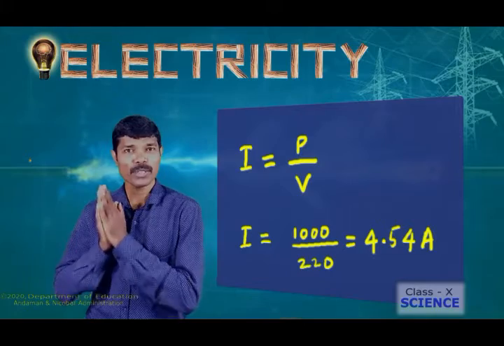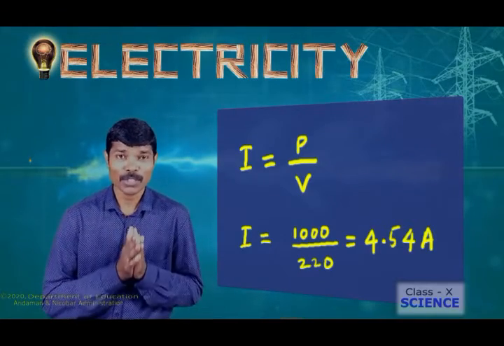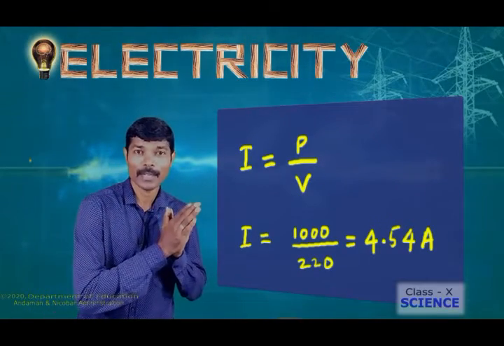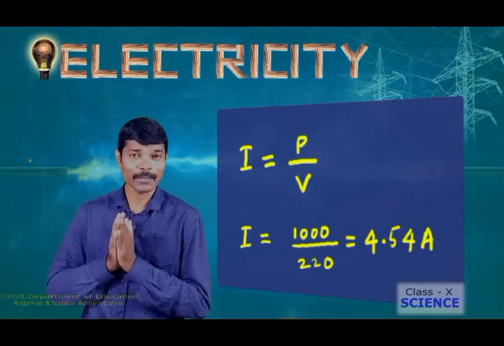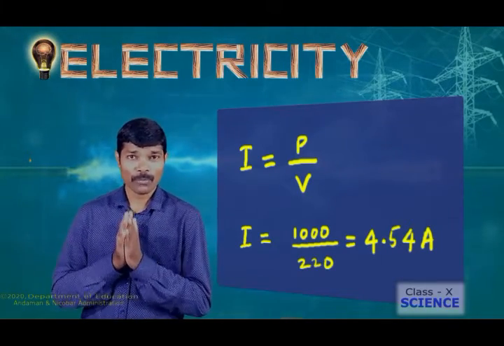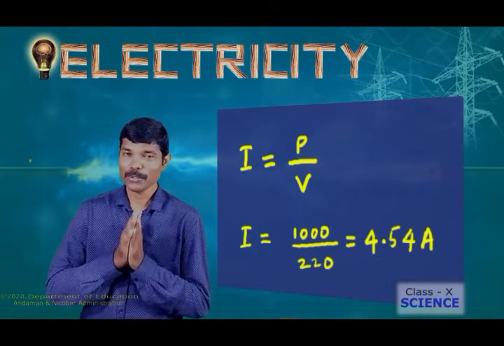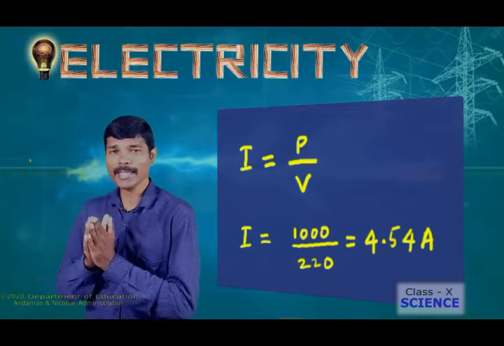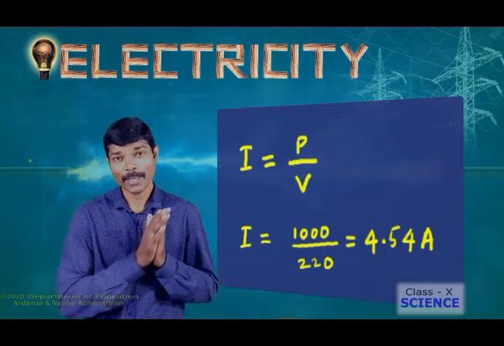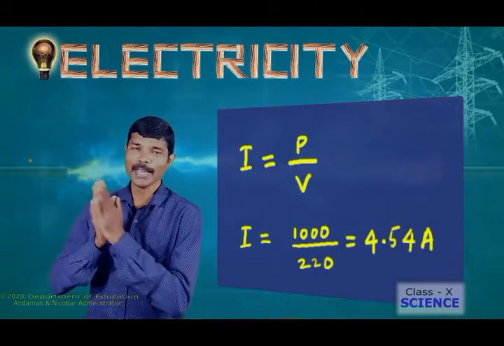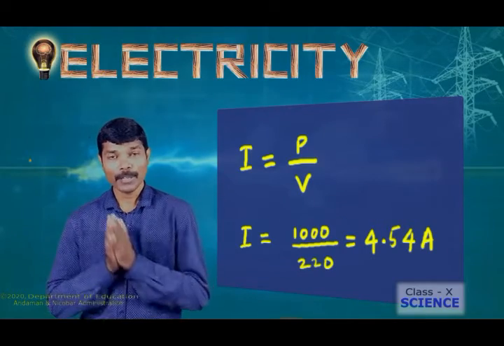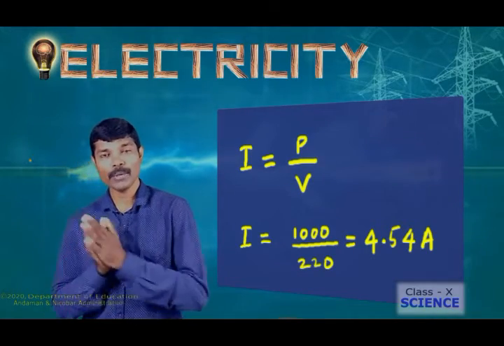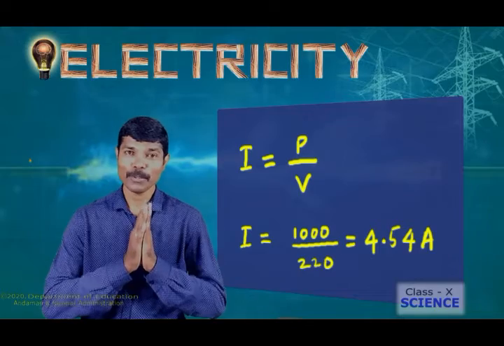So, in order to choose the correct fuse, we should have knowledge of the amount of current required for the appliance. If we know that, then the fuse could be chosen correctly. So, how could we choose? The fuse taken should be slightly greater than the current required by the appliance. If we choose a higher rated fuse than the required one, then even if more current is flowing in the circuit, the fuse will not break.